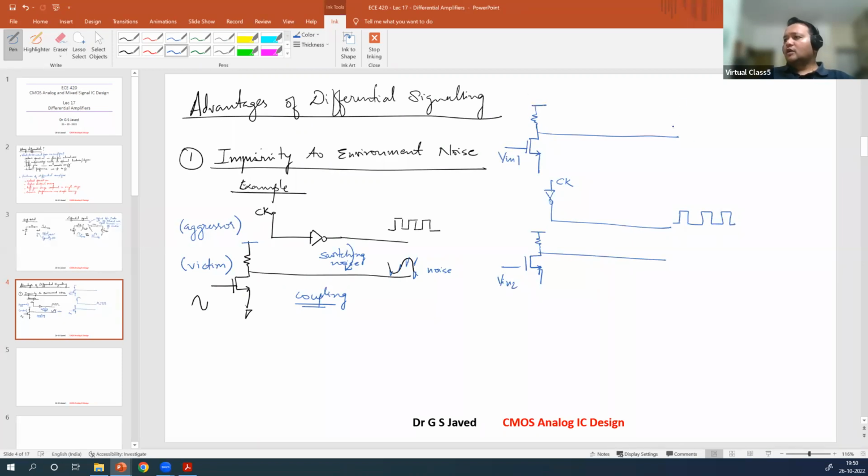Now if you get the clock in one direction like this, this is going to be the clock signal, and you have the clock in the opposite direction here. The edges are going to be equally present on both sides.